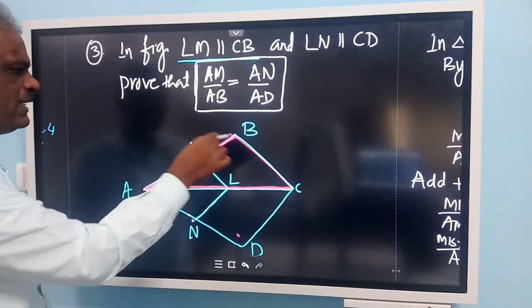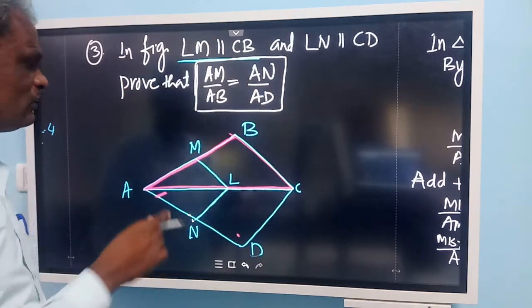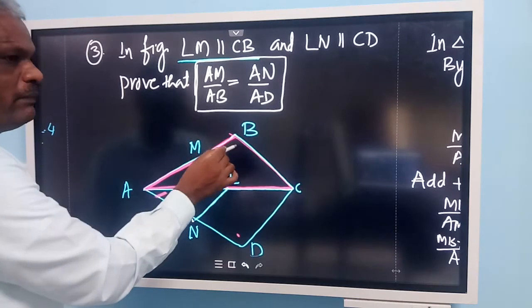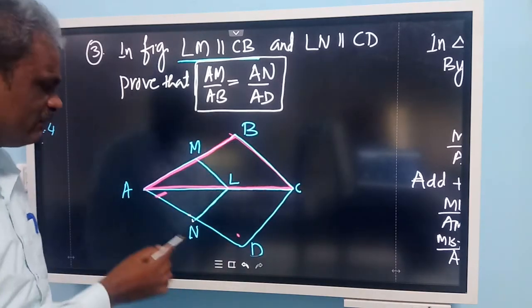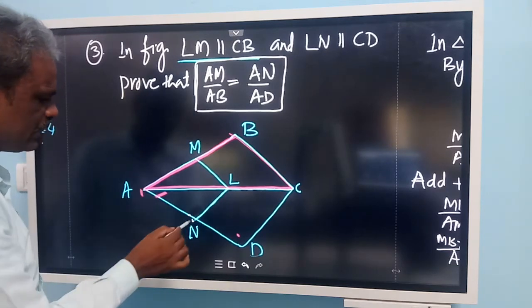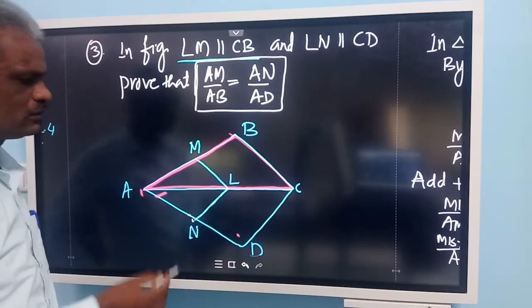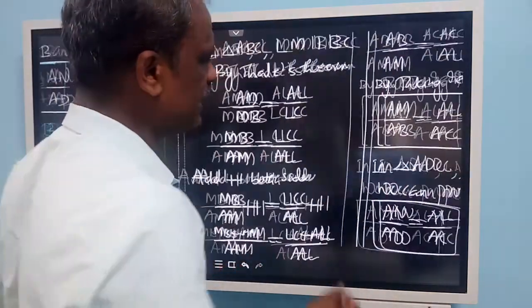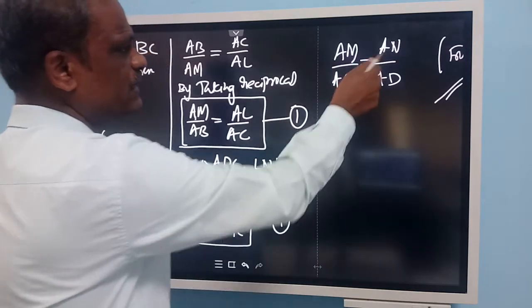So therefore AM by MB, that is the Thales theorem. The corollary by adding plus 1 you can make like this. AM by AB is equal to AL by AC. In the same way in the second triangle also you can write AN by AD is equal to AL by AC. So that we equate this, you will get this equation. After comparing this you will get AM by AB is equal to AN by AD.